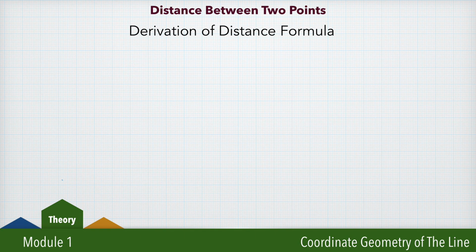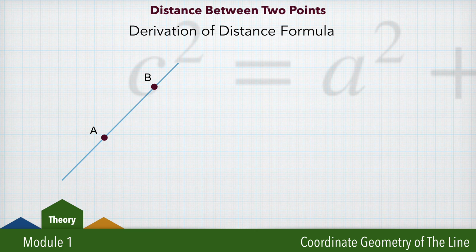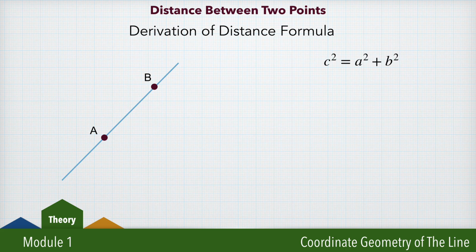A line segment AB is the part of a continuous line between the points A and B. From Euclidean geometry, we can find the length of the line segment AB using Pythagoras Theorem Equation. We must construct a right-angled triangle with the line segment AB as the hypotenuse.